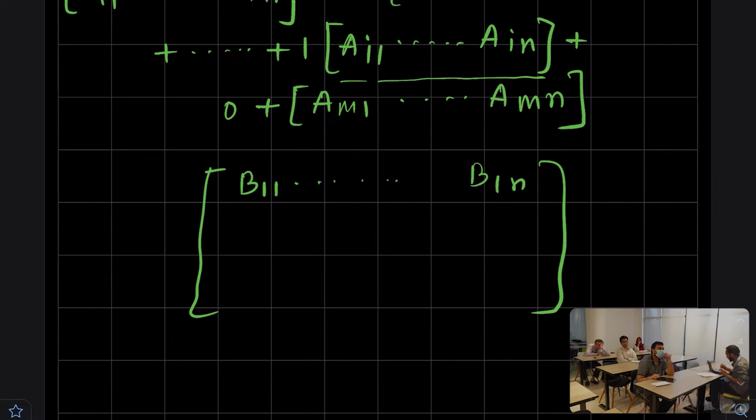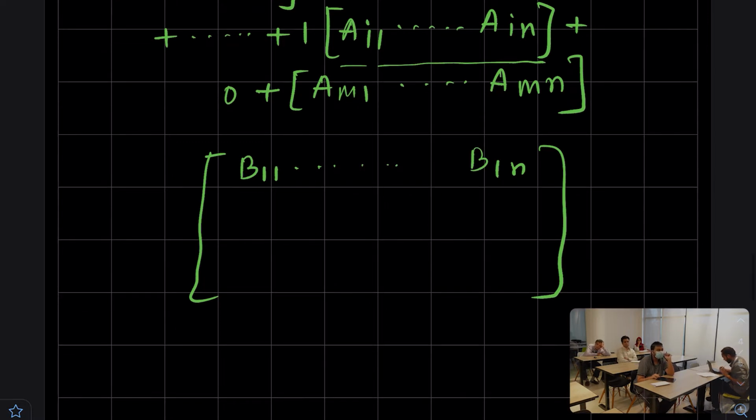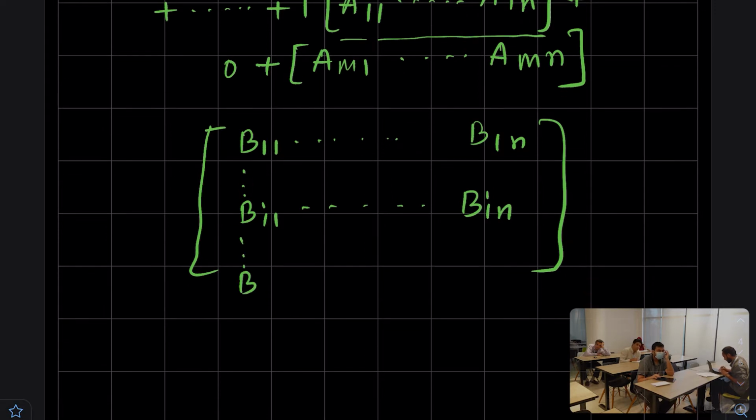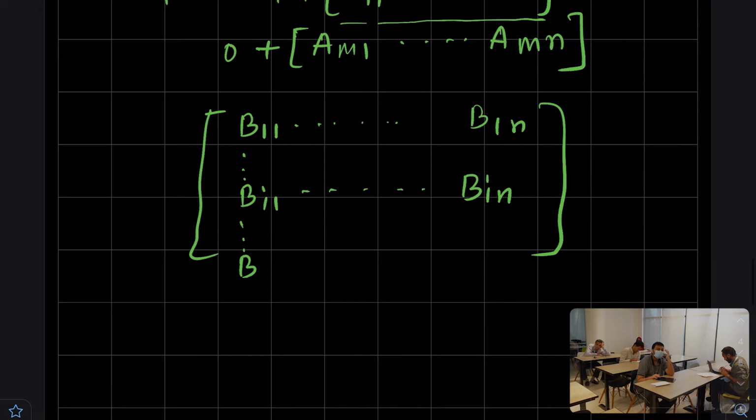Let me clear this up. So B_i1 through B_in, and B_m1 through B_mn, right? So I'm considering this row.